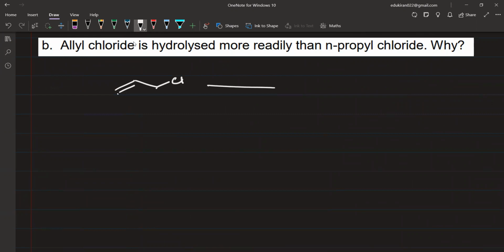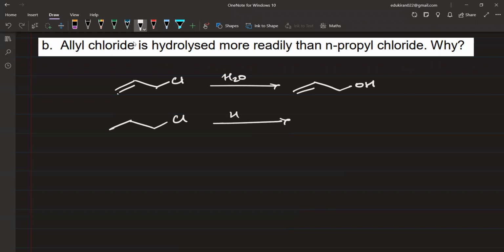If you hydrolyze this, that means you are going to add water, and you will get a product which is alcohol. N-propyl chloride is what? Normal propyl, and chlorine is going to be in the last carbon atom like this. Here also, if you add H2O, you're going to get alcohol. But both of these reactions are what? These are nucleophilic substitution reactions.